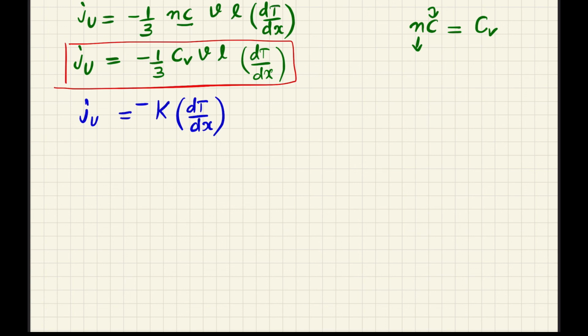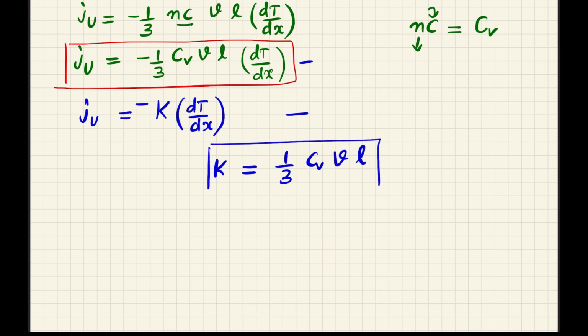So if you compare these two equations, you will get K, the coefficient of thermal conductivity, equal to 1/3 C_V v L, where C_V is the specific heat capacity of the material at constant volume, v is the drift velocity of the particle, the phonon, and L is the mean free path. Now, this is the coefficient of thermal conductivity as per the kinetic theory of gases.